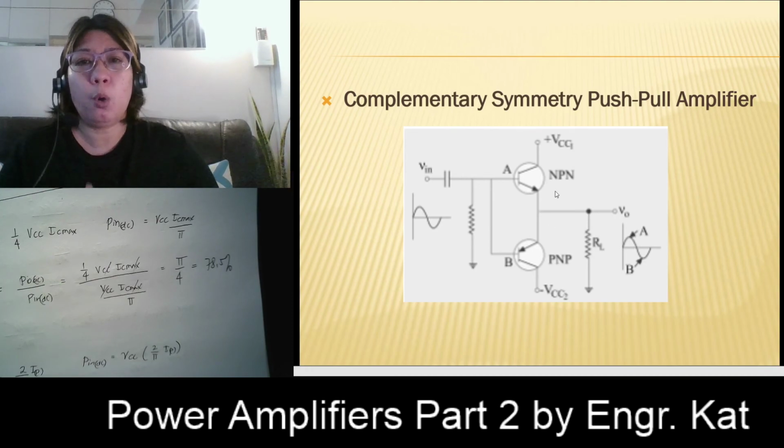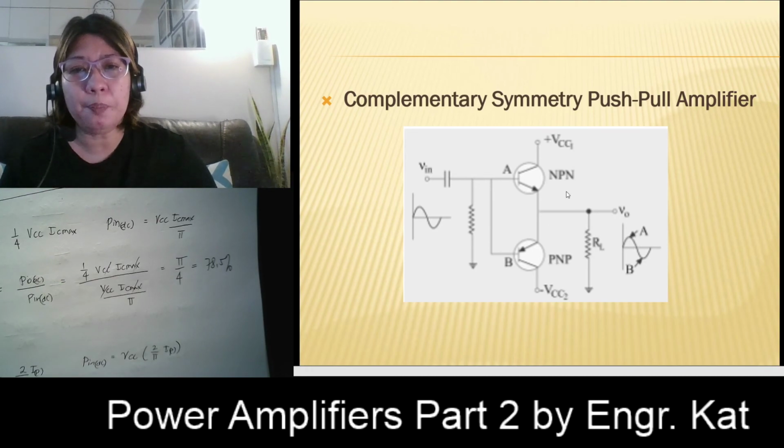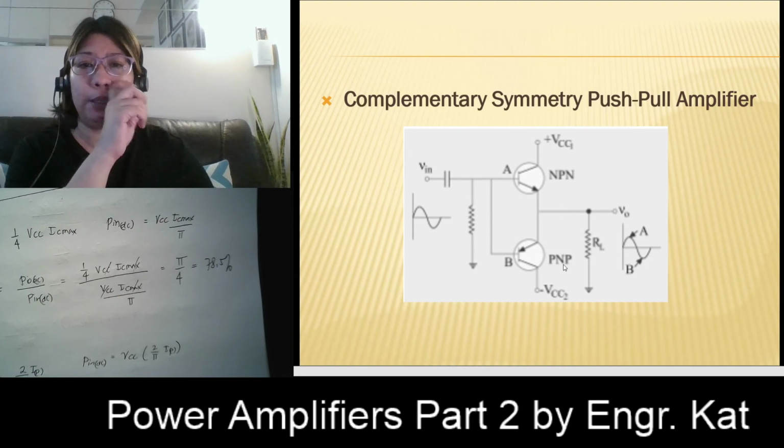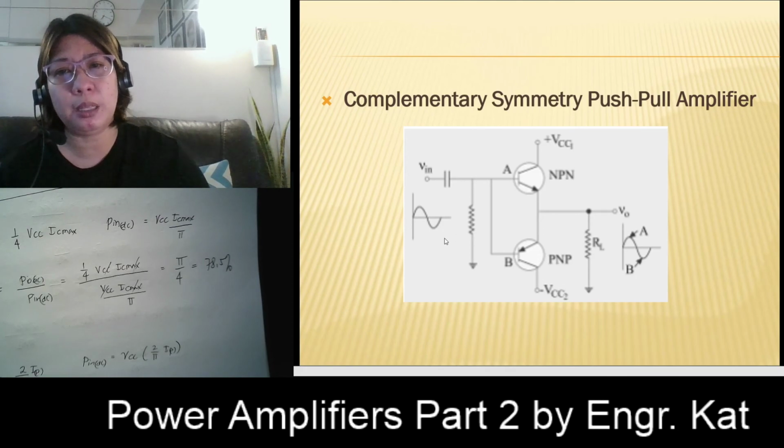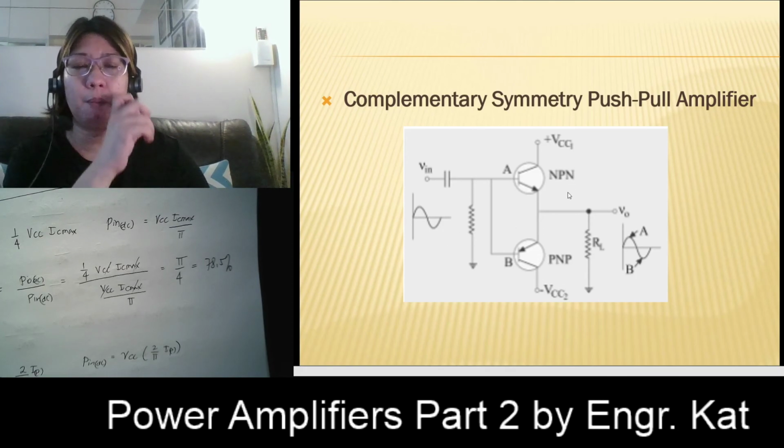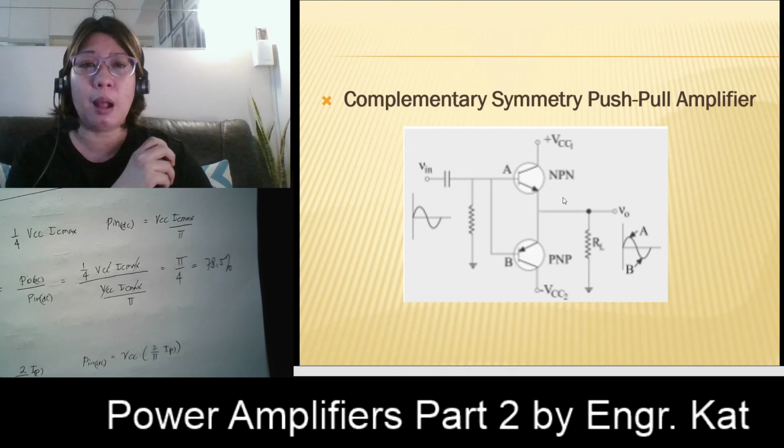Why? Because when the NPN is working, the PNP is not working. And vice versa, when the PNP is working during the negative half cycle, the NPN is in the off state.